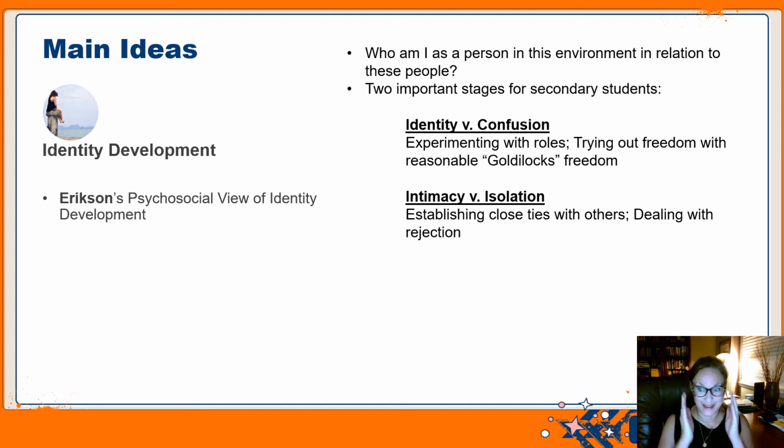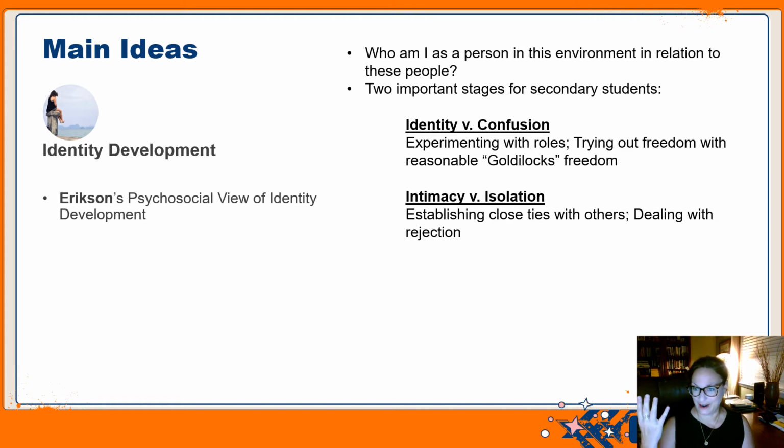And you'll see this particularly with your upper middle and high school students. They're experimenting with roles. So one year they may be known as the jock, and the next year they may be trying out for the school play and participating in it. They want to experiment with different roles to develop who they are, and they're trying out freedom with reasonable, Goldilocks kind of freedom restrictions, right?